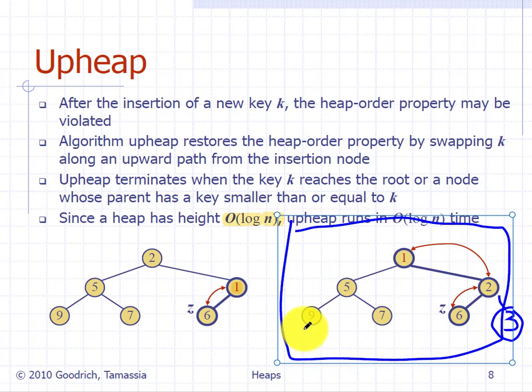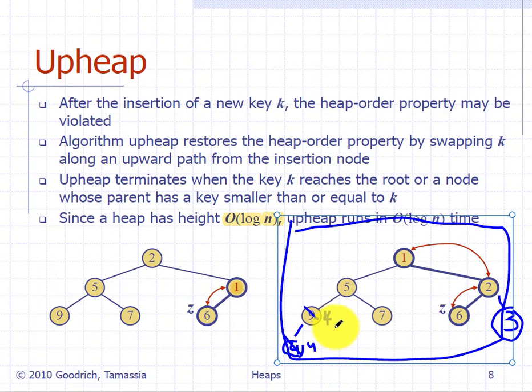Then we can insert another one. So let's try to insert now a 4. We do it here because remember we need the bottom leftmost position to be the insert position. And then we see the heap order property is violated because 9 is greater than 4. 4 should be on top of 9. So all we do is move 9 here, and move 4 here.